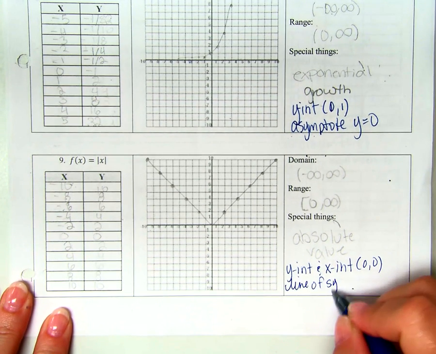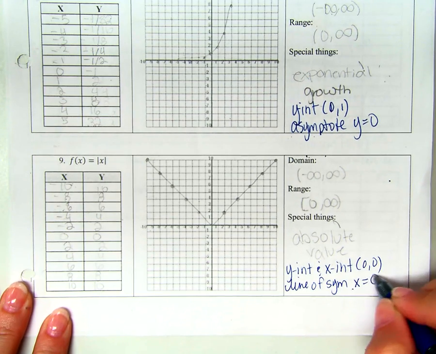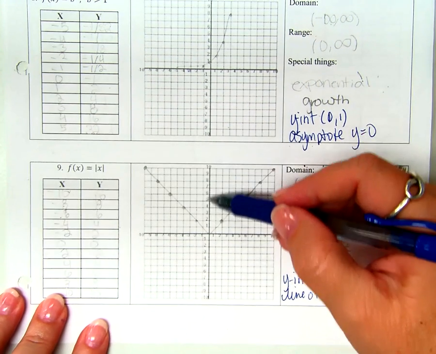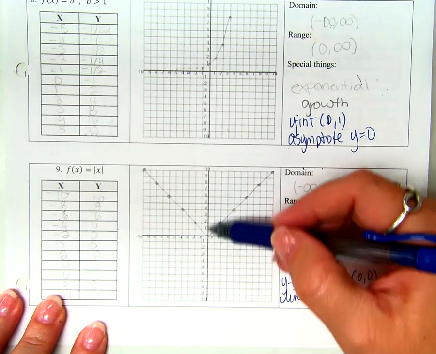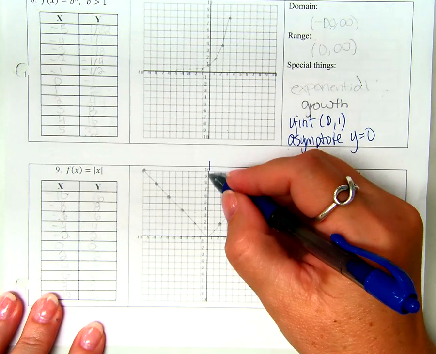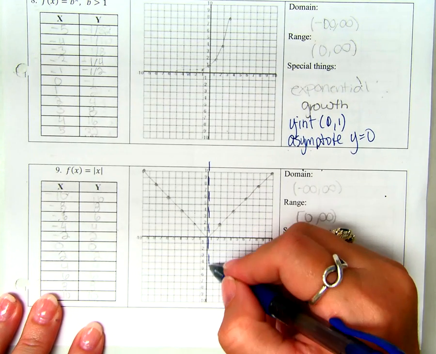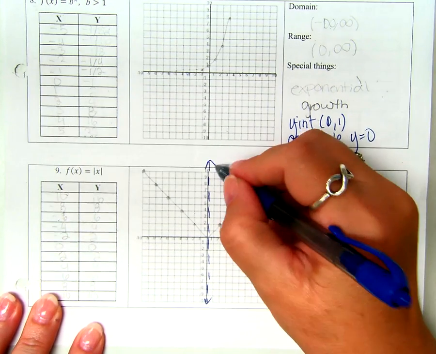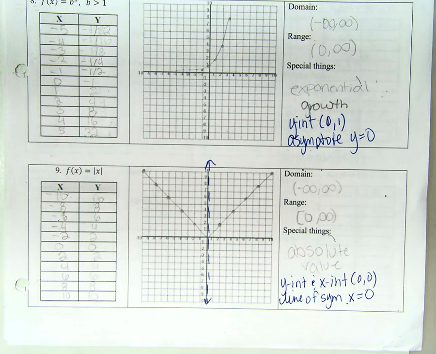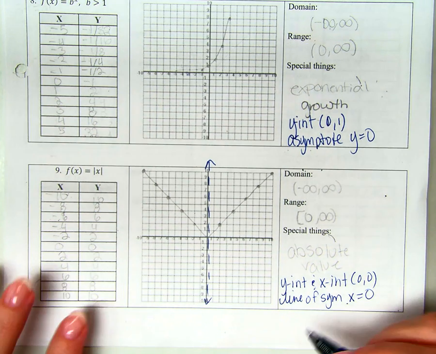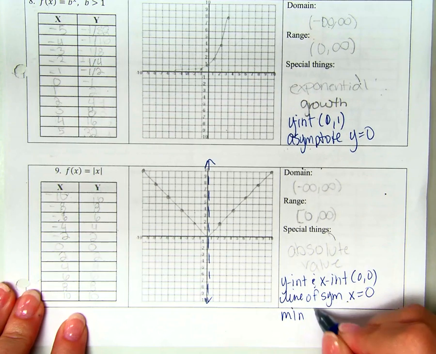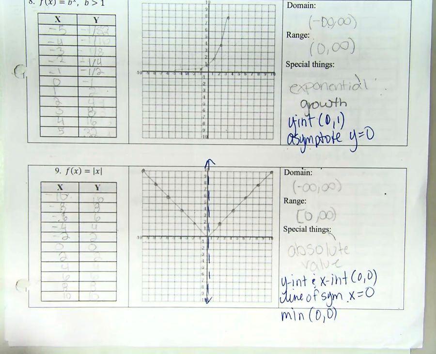Symmetry is at x equals 0. So right here, right? Crosses the x-axis at 0. Minimum. Oh, there's a minimum. 0, 0. Maximum? No.